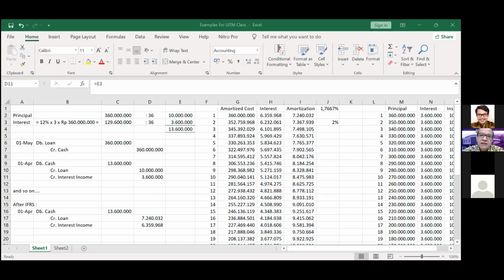Usually they make a report like this: loan fair value through profit and loss 0, then held to maturity 0, available for sale 0, and loan and receivable, there is a number on that.